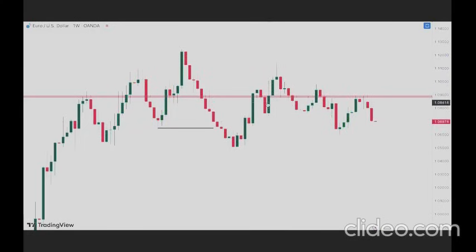You can see as the market proceeds, so we expect from this point after the market broken this market structure, so we are expecting it to move downward and to break even this one, and to break this one.